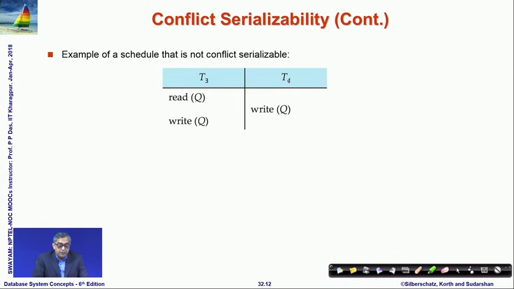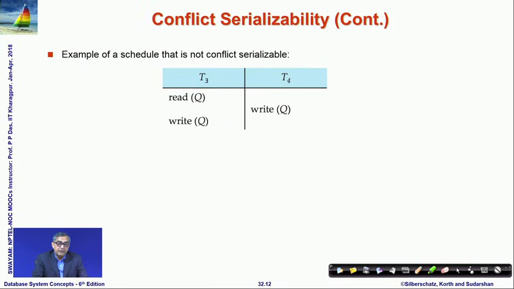Just as a very simple example, suppose you had 2 transactions T3 and T4, and you have this situation. Now, is it conflict serializable? It is not, because to make it conflict serializable, I need to either swap write Q of T3 with write Q of T4, which is not possible because these are conflicting instructions.